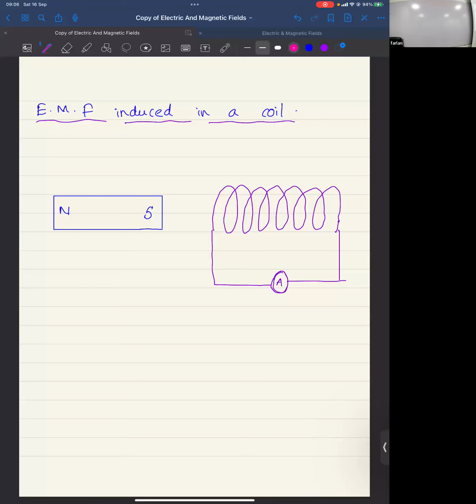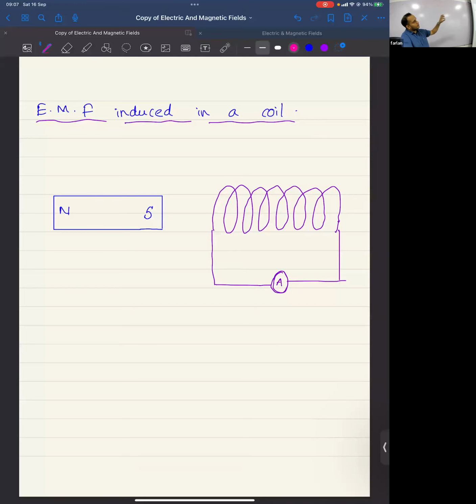Okay. Right. Guys, you know from your O levels, when you take a magnet and move it towards or away from a coil, there will be an EMF induced in the coil. Have you learned that for O levels? Yes.